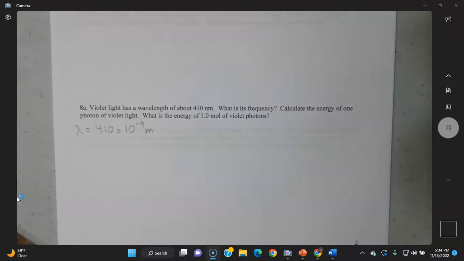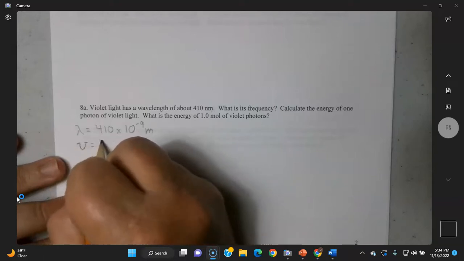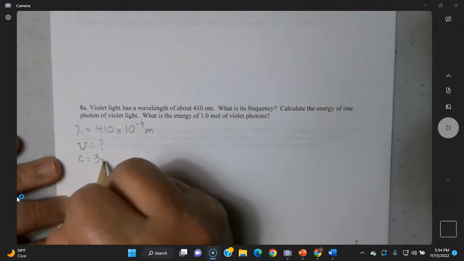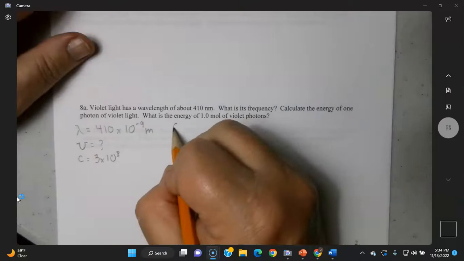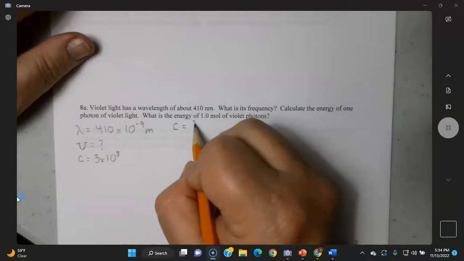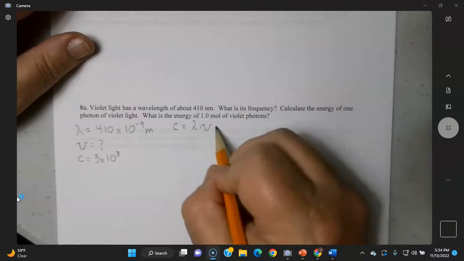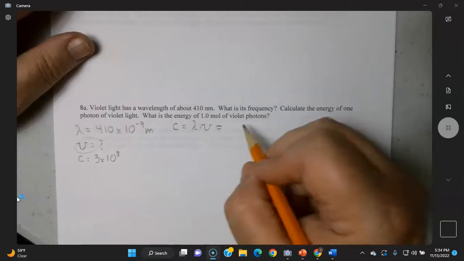All right, it says, what is the frequency? Well, we know they want to know nu, and we know the speed of light. All right, so we have the wave speed equation. Okay, and I'm going to go ahead and solve for frequency. That's what we're looking for, and I trust you know how to do the algebra.